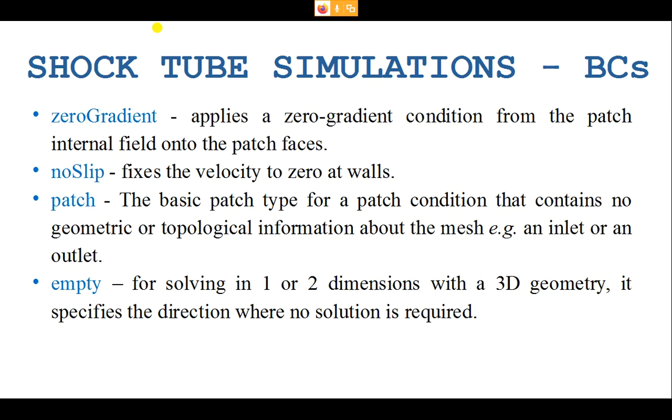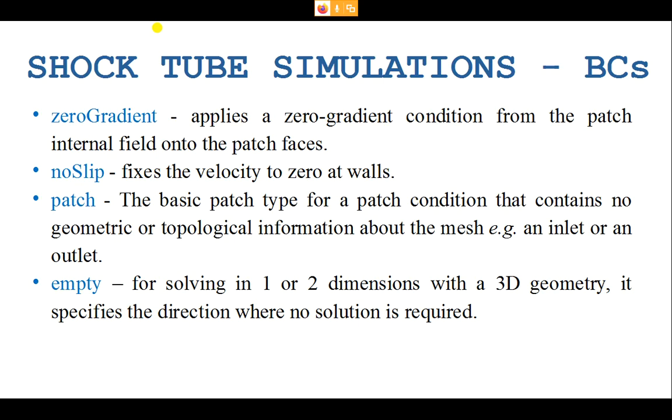So patches are used at some locations. Then the empty boundary condition: basically we tried 1D simulations and 2D simulations prior to these 3D simulations. The geometry and mesh which I showed in the earlier slide are for 3-dimensional simulations, so this last boundary condition we didn't use for this simulation.